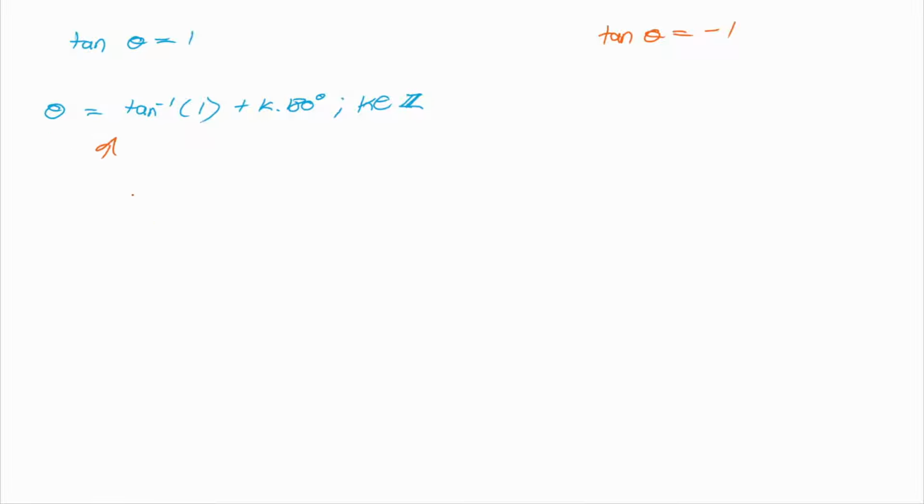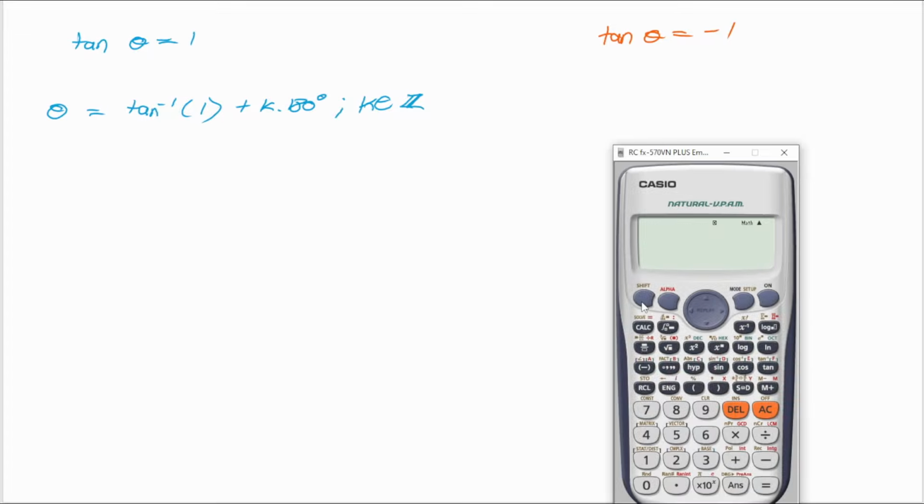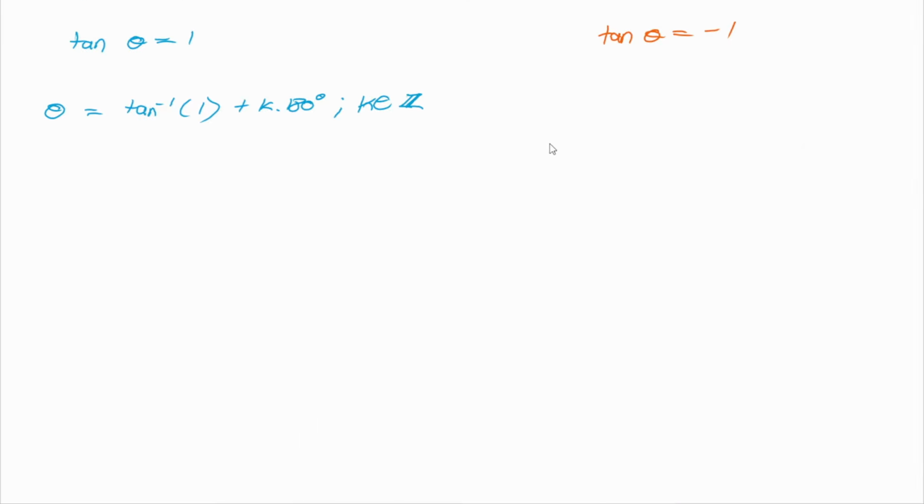Let me finish this one. If I do tan -1 of 1 in the calculator, I get 45 degrees. So essentially I get theta is equal to 45 degrees plus k180, k is an element of integers.